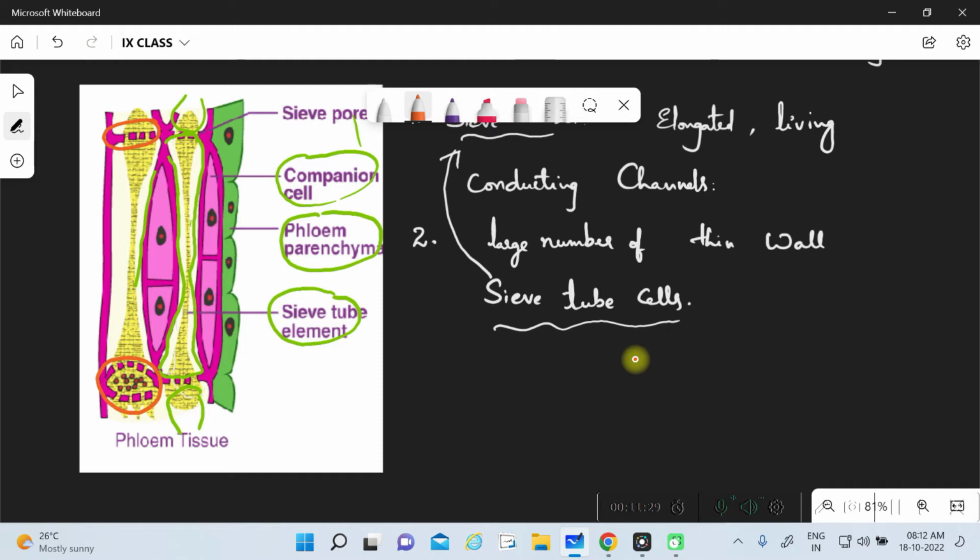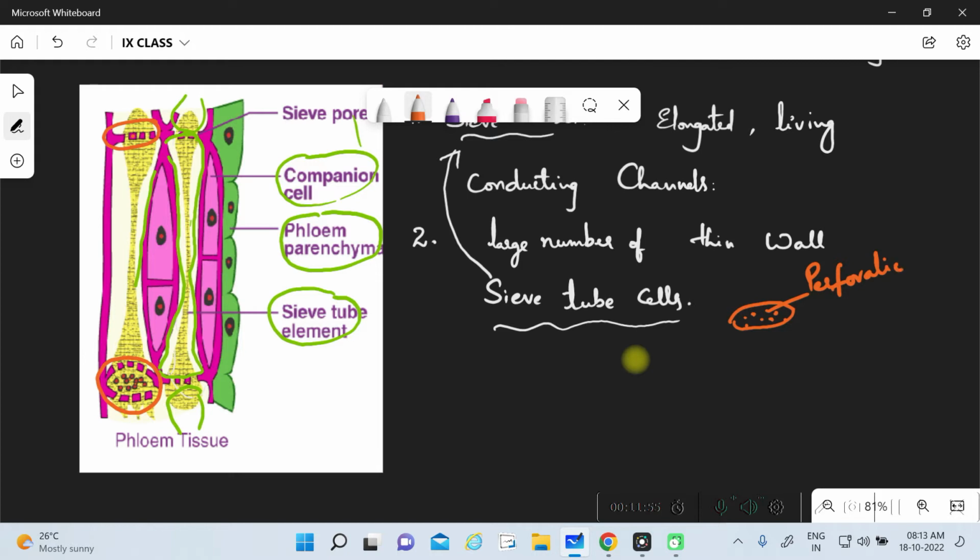They generally have perforations, which means they have some pores. Suppose this is the end wall. The end wall will have small holes, and these holes are called perforations.